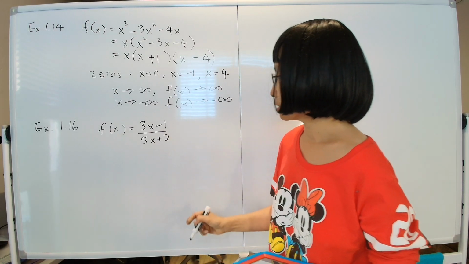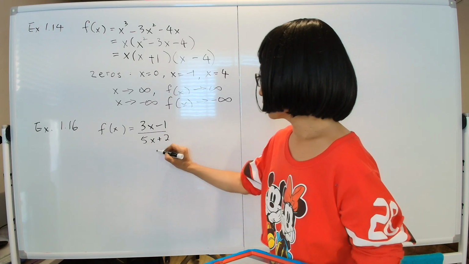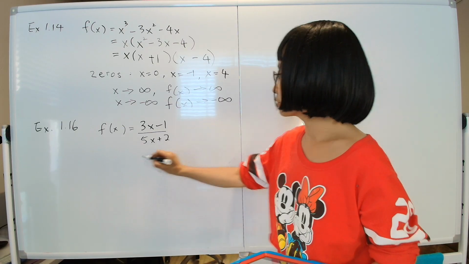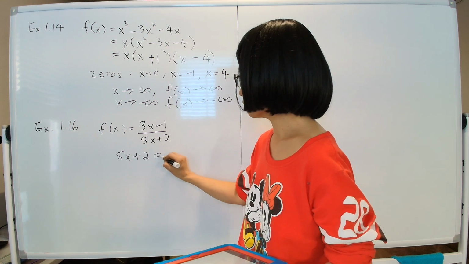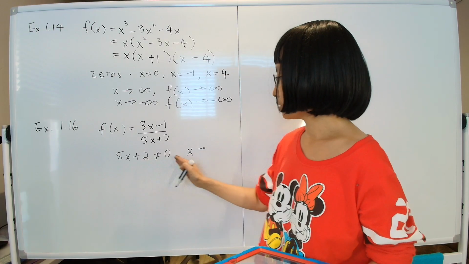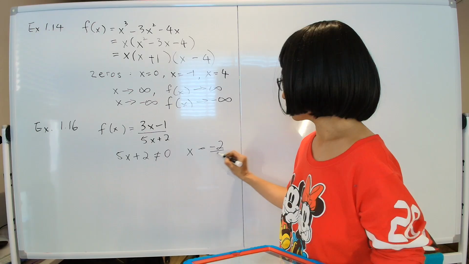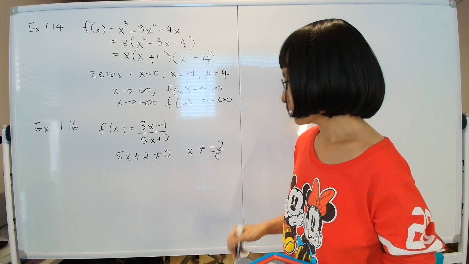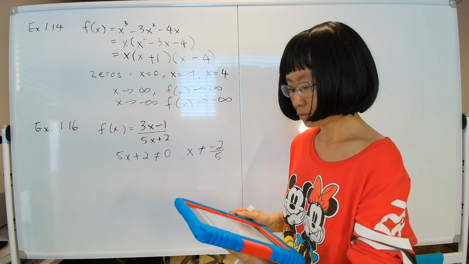So the domain is all numbers where 5x plus 2 is not 0. Solving, move the 2 over, it becomes minus 2. Move the 5 down, it becomes division. So x cannot be equal to minus 2 over 5. Otherwise, it's fine. Anytime x is not minus 2 over 5, you're good.